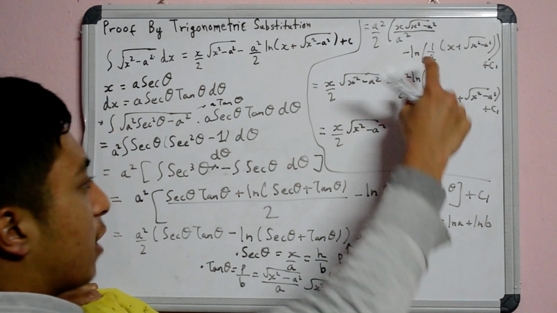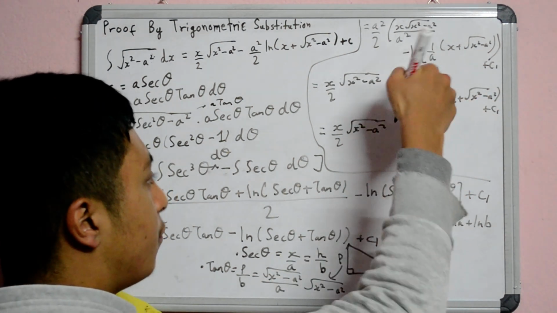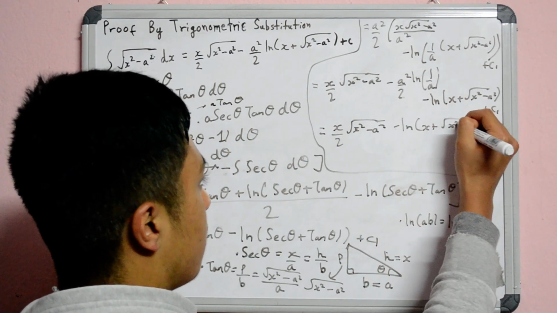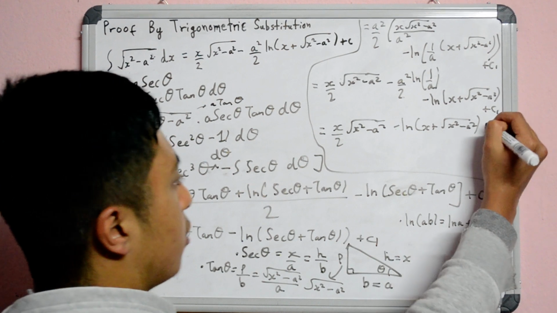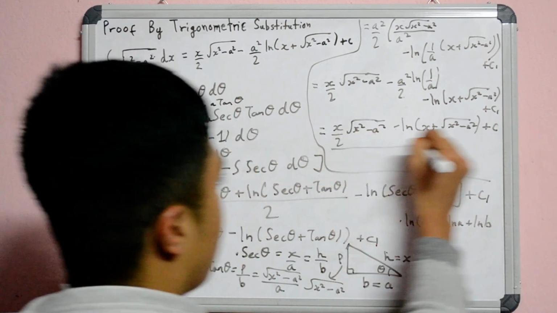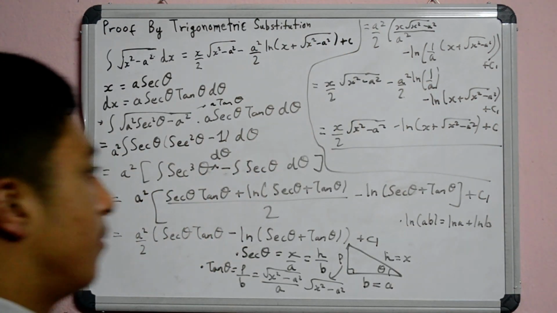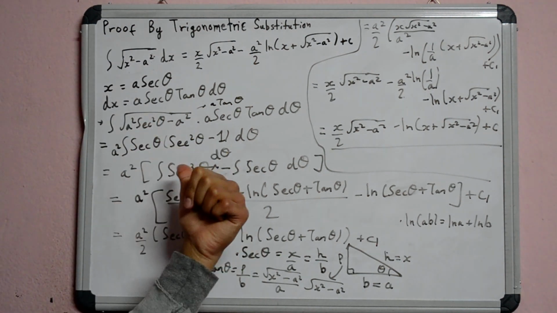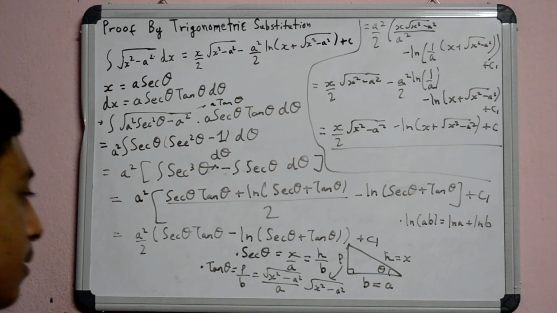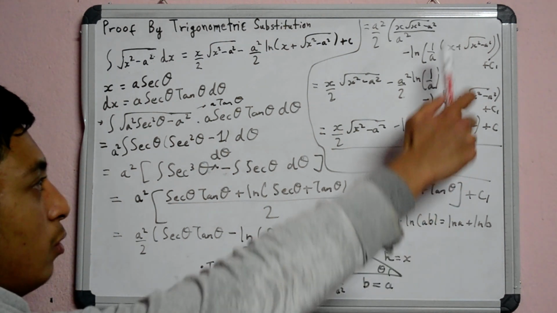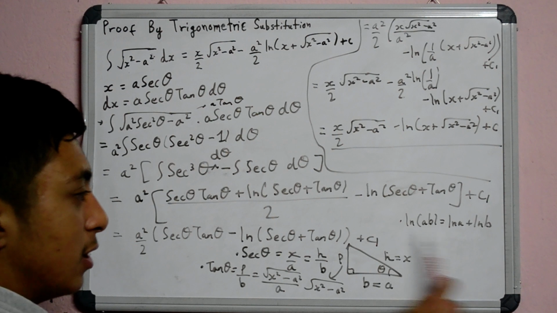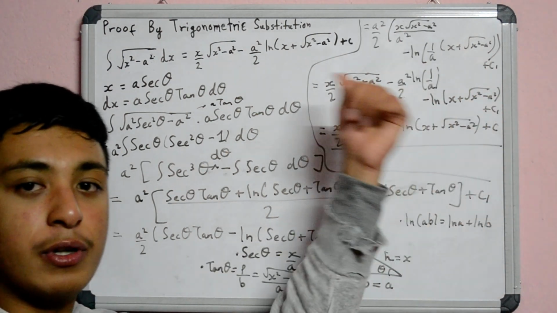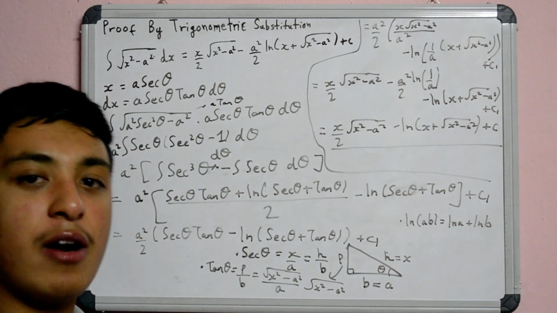So we can just in fact remove this term, so that we get this, and represent it by another term, let's say plus c, and that is our proof right here. So you need to remember some things like the integration of sec cube theta, and to separate the ln ab by using this, and to know that the difference of two constants is just another constant. If you want to know how that works, watch my video on how constants work.